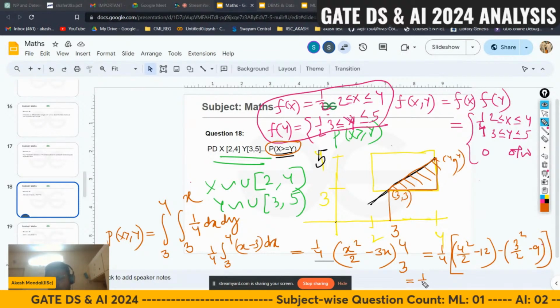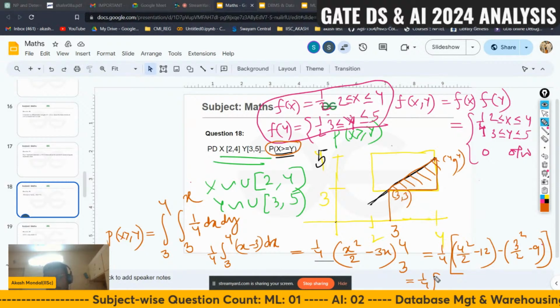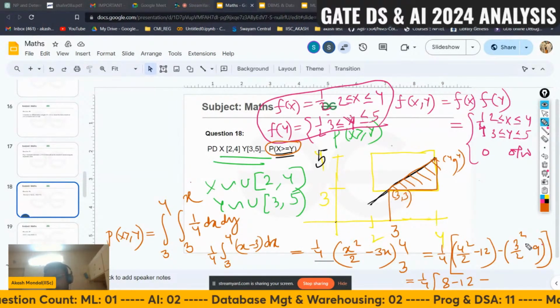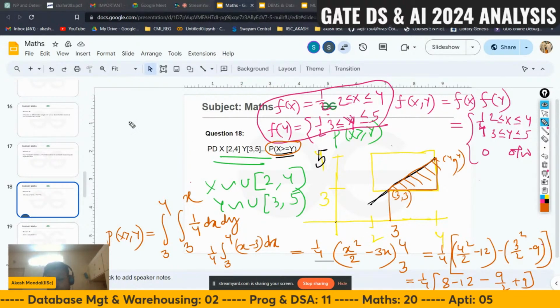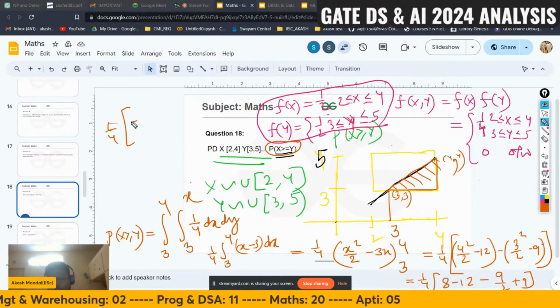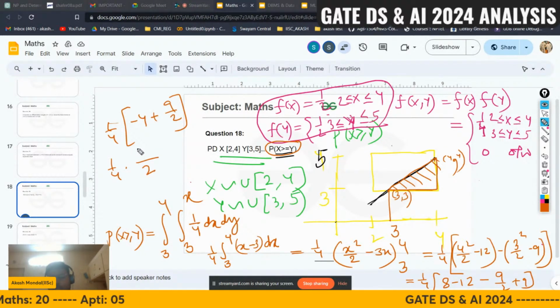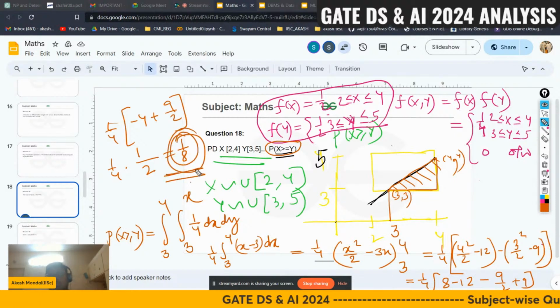Now this is 16 by 2, which is 8, minus 12, minus 9 by 2 plus 9. If you compute it, you will get minus 4 plus 9 by 2, which is 1 upon 4 times 1 by 2. So 1 by 8 is the answer to this question, right?